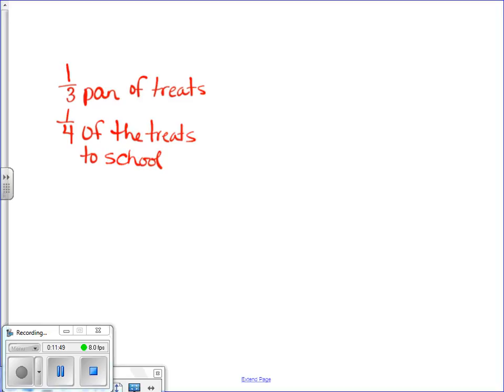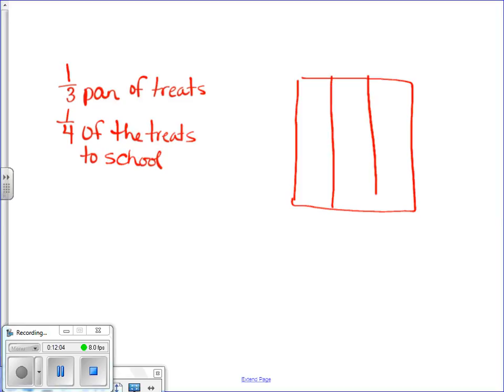So if we had a pan of brownies or Rice Krispie treats or whatever. Brownies is easy because I like brownies. So if she has 1/3 of the treats, I'm shading in only 1/3 because that's all that we're dealing with.